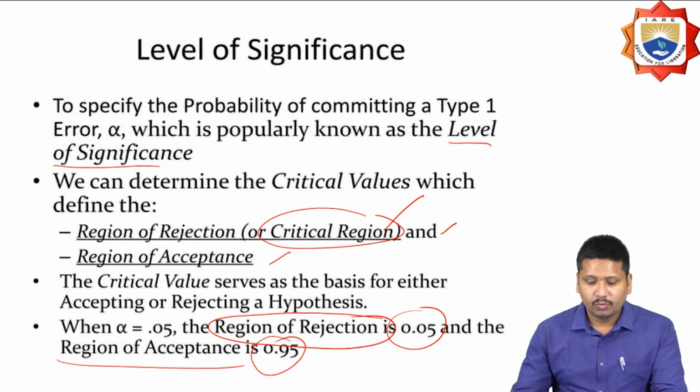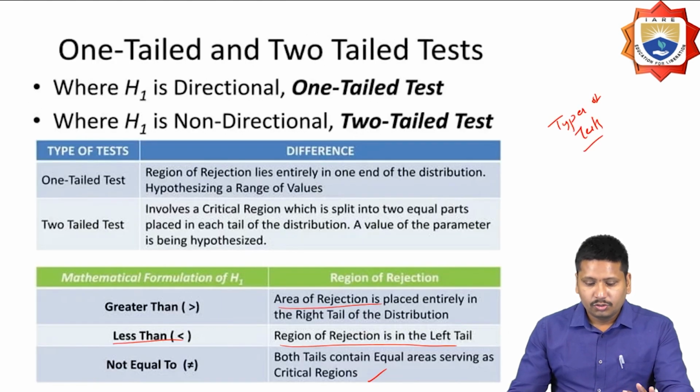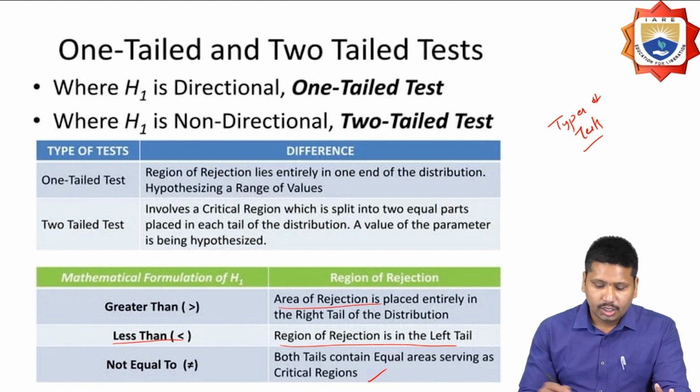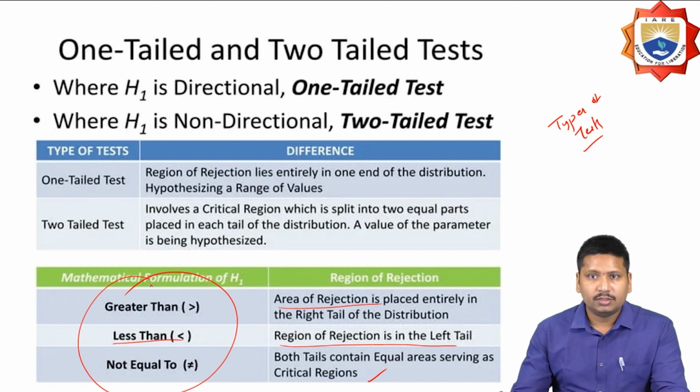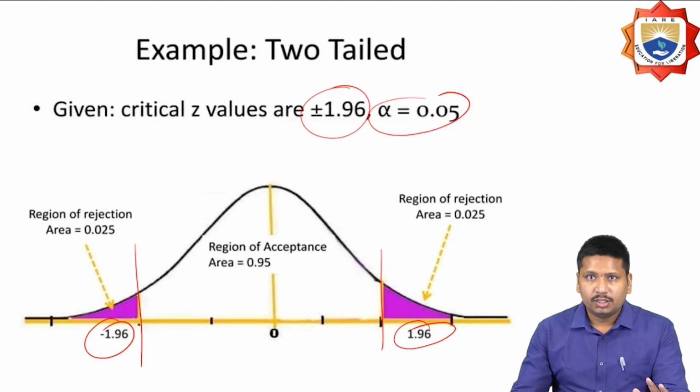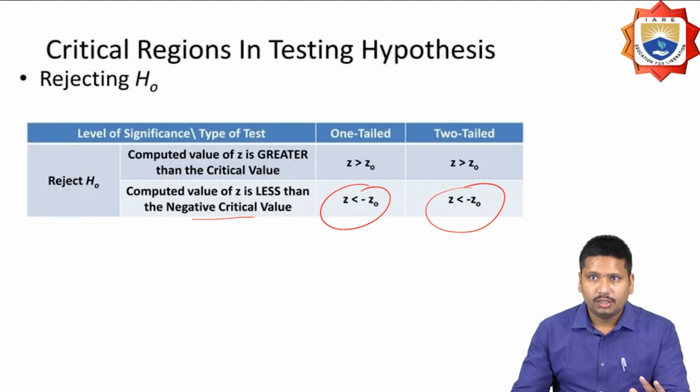In that, we consider the region of rejection and region of acceptance. For this, we perform two types of test: the one-tail test and the two-tail test. The value I'm getting should match these cases: greater than, less than, or not equal to. These are the steps I followed initially.